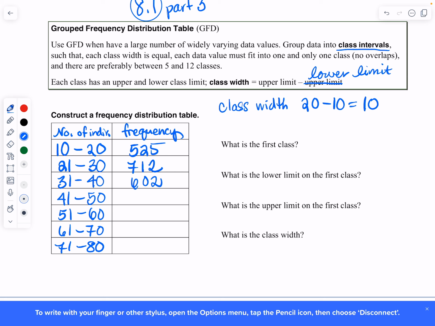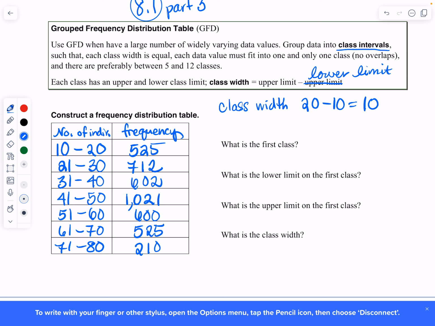And then, let's put in maybe there's a lot of middle-aged people, so let's put 1,021. 51 to 60, let's say there were 600. 61 to 70, let's say there were 525. And 71 to 80, let's say there were 210. So, again, with class width, usually the frequencies are larger.